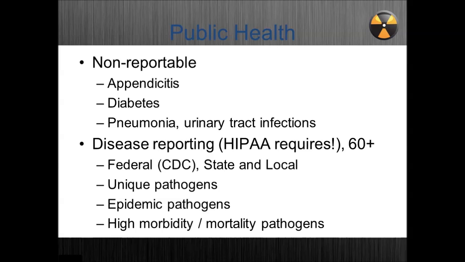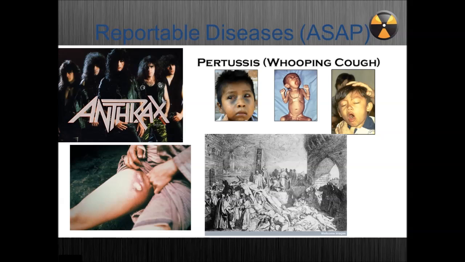In fact, HIPAA, which normally protects the patient from disclosure, will require healthcare professionals to disclose certain disease states in a confidential way to the Department of Health. And we'll talk about those.